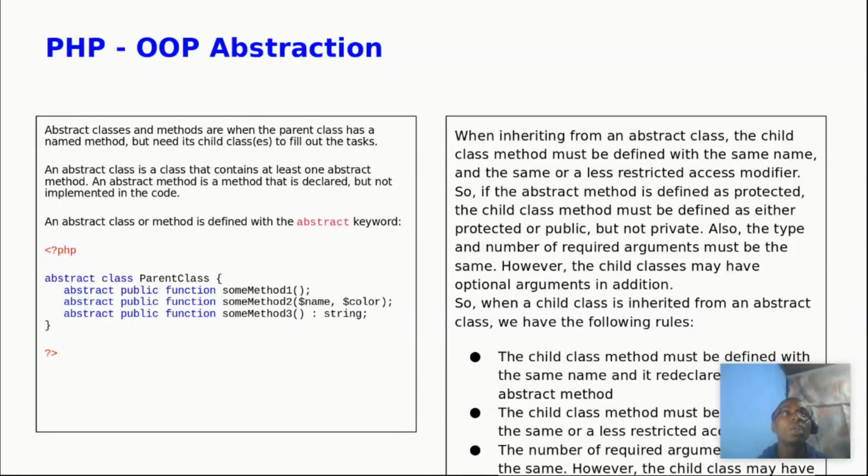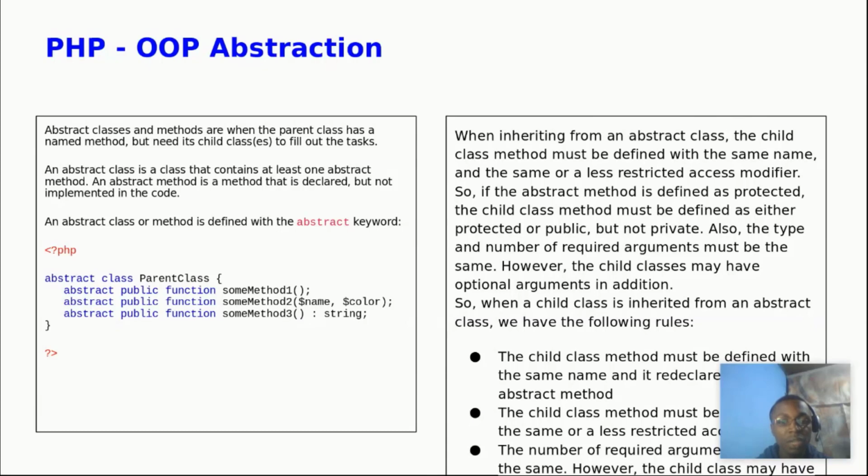For example, if my abstract class method was protected, then my child class that is to implement it is not supposed to be private, because private is more restricted. It's either supposed to be protected or public, right?